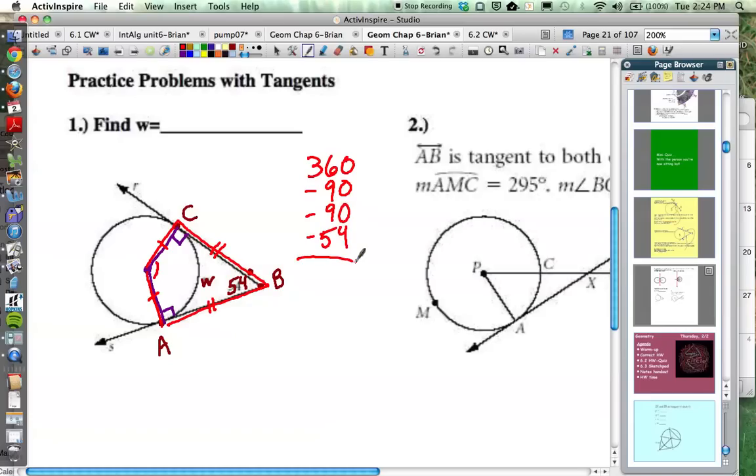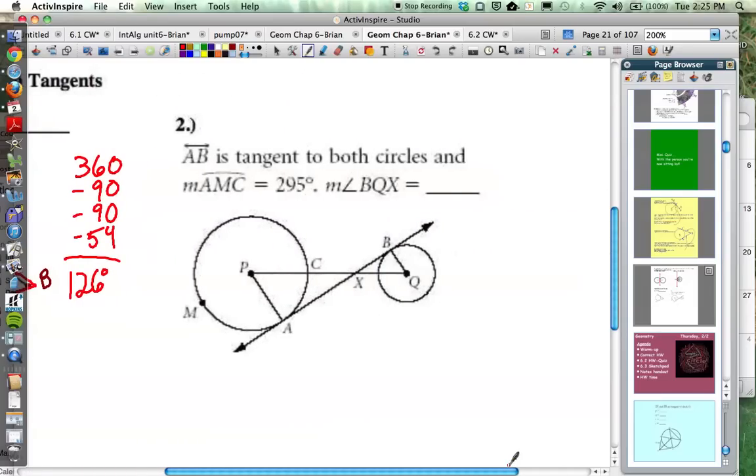And when we do that math, we end up with 126 degrees. So that central angle is 126 degrees, which means that W is 126 degrees. Remember, what we talked about in 6.1 was that the central angle measure will be the same as the measure of its intercepted arc. So 126 degrees would be the answer for W.